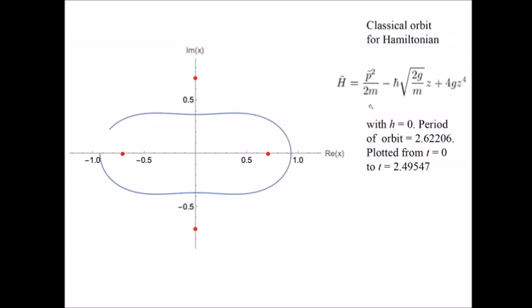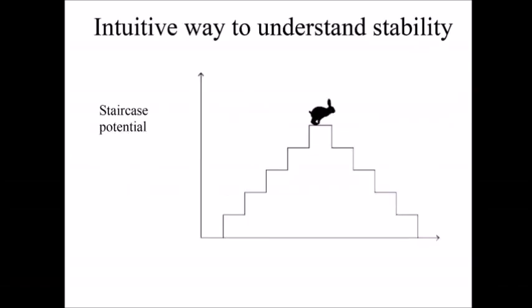If you set h bar equal to 0, it takes a different amount of time for the orbit to close. So the orbit wants to close, but it didn't have enough time to close. So these two systems are exactly the same at the quantum level, but they differ at the classical level, which is very, very interesting.